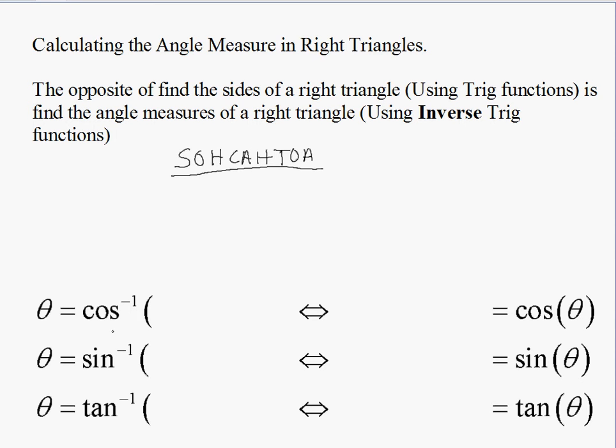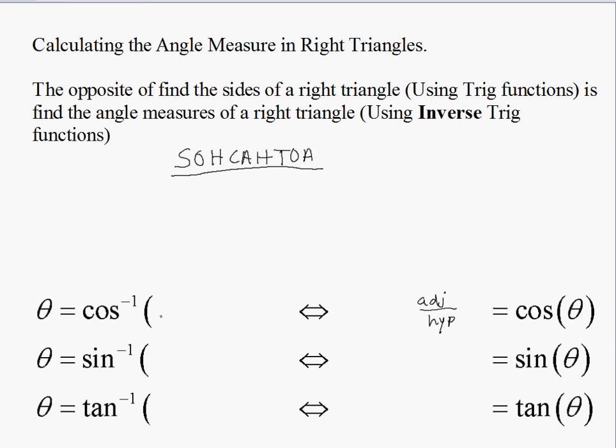So when we have cosine of theta is equal to what? Your adjacent side over your hypotenuse. So whatever number is the adjacent divided by the hypotenuse, that's equal to cosine of theta. Now, the inverse trig functions, I can take and cancel that out.